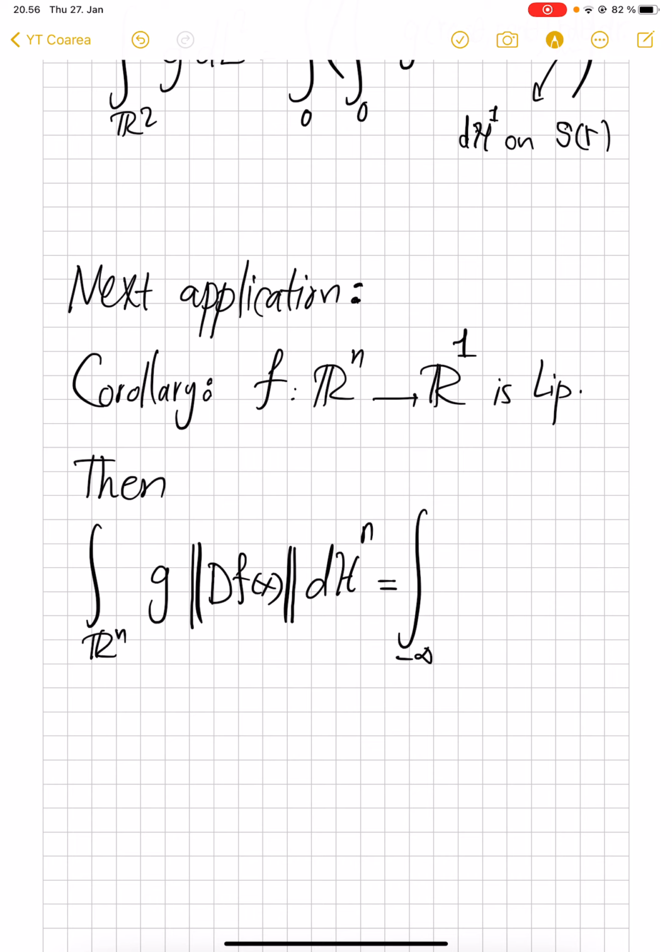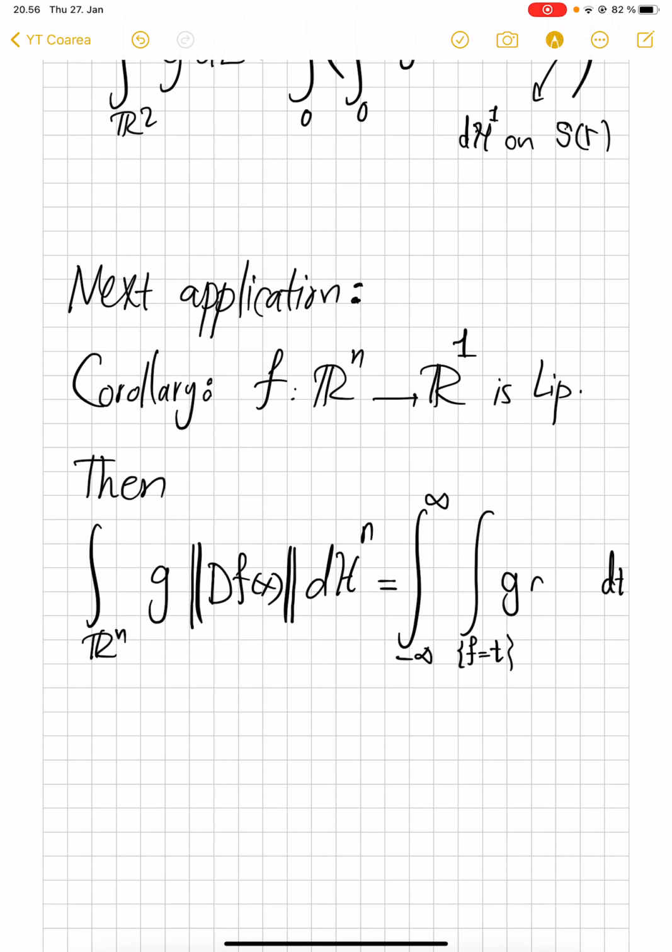integrating from negative infinity to infinity. So this is R^1, the target space, and you pick something in the target and then you look at the pre-image of f. So you can write it like t. So you pick dt, you pick t from the target space, and then this is the fiber over that.